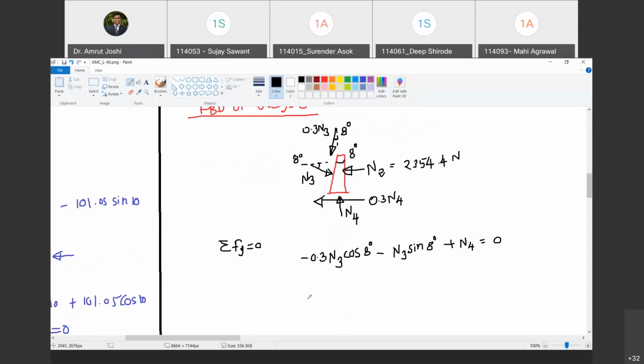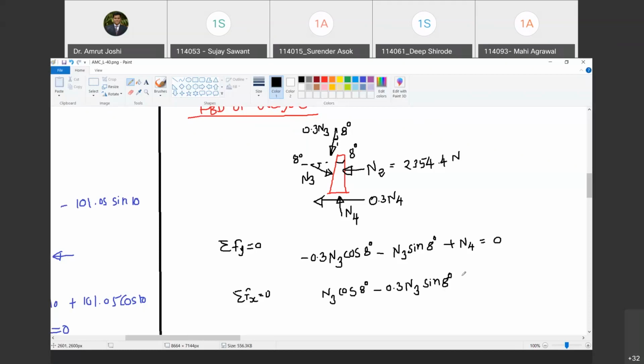Fine. Now, can you tell me what does summation Fx equal to 0 give you? N3 cos 8 degree. Happy? Yes, sir. Then what else? Minus 0.3 N3 sine of 8 degree.